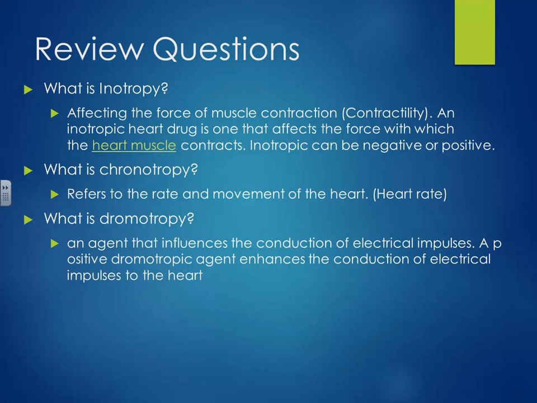So a positive dromotropic agent enhances the conduction of electrical impulses in the heart. So it's going to speed up conduction. Adenosine, I think. Yeah, atropine. So it's going to help speed up the conduction of the heart. All right? Somebody had asked me to explain inotropy, chronotropy, and dromotropy. So there that is. All right?